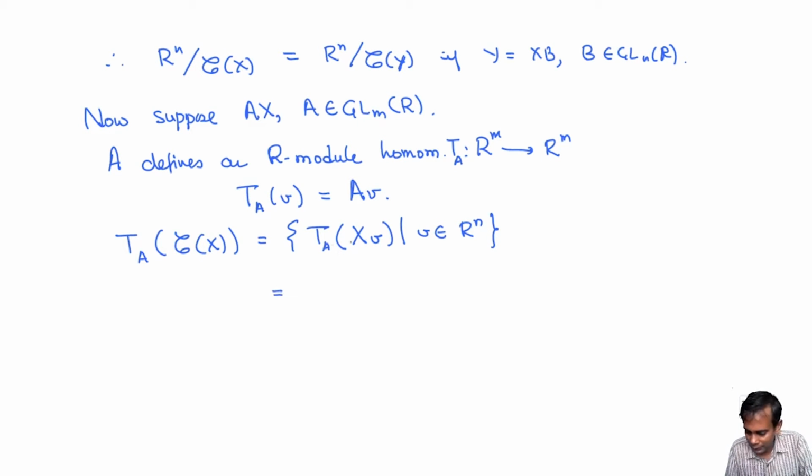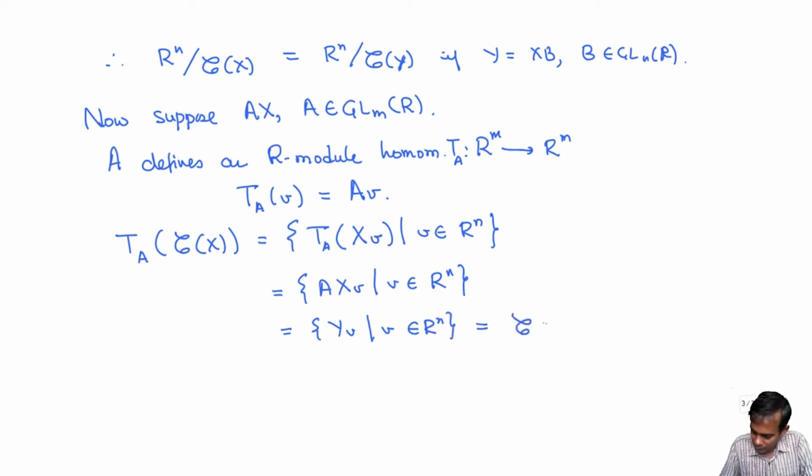But what is T_A of Xv? Well, T_A of Xv is AXv, where v belongs to R^n. But AX is Y, and so this is the column space of Y. So what we see is that T_A maps the column space of X exactly onto the column space of Y. And because A is in GL_m(R), this T_A is actually an invertible R-module homomorphism, and therefore it's a bijection.